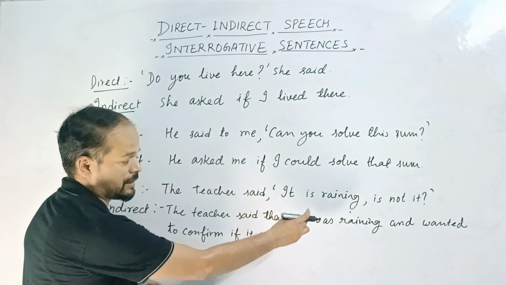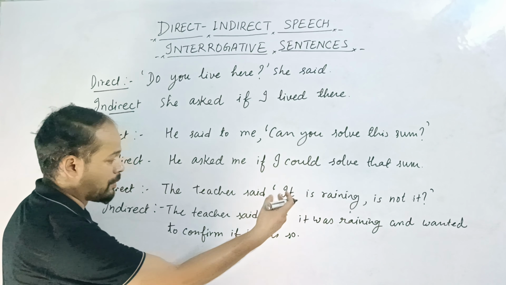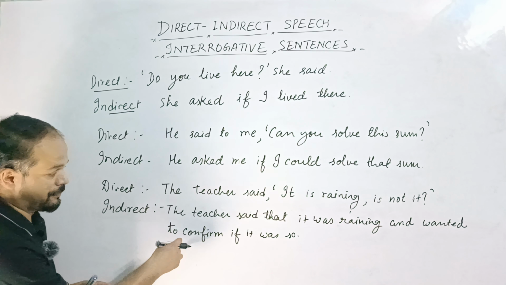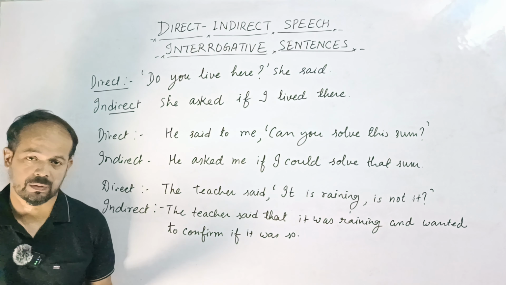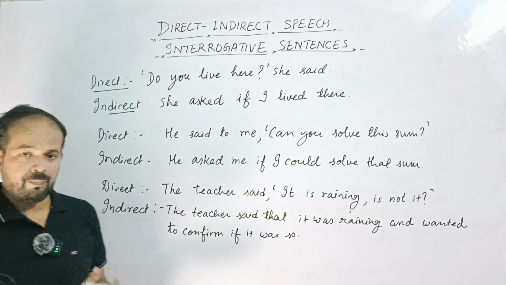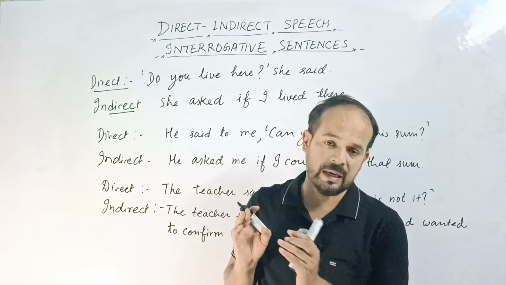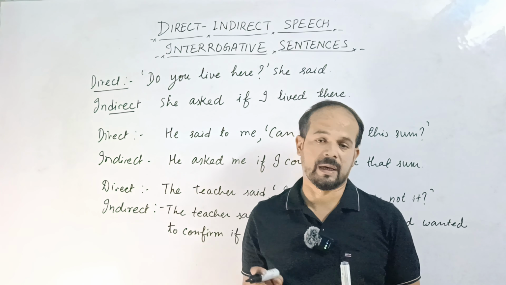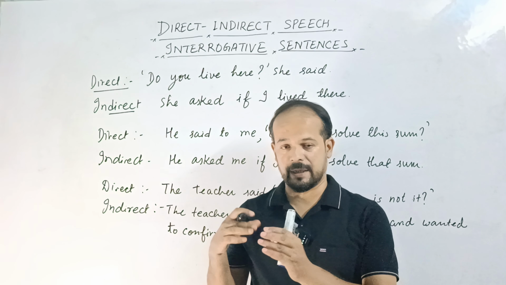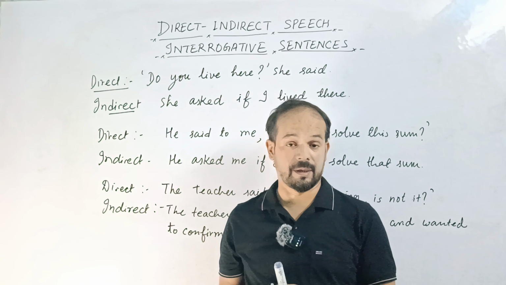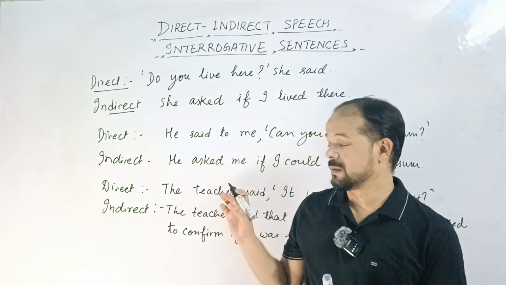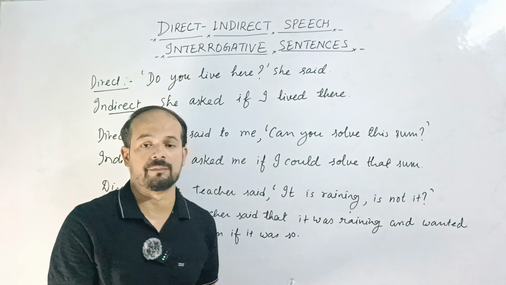Present continuous tense will be changed into past continuous tense, and wanted to confirm if it was so. Clear? I already earlier also had made a video on direct and indirect speech containing interrogative sentences, and this was just a quick revision of the same.